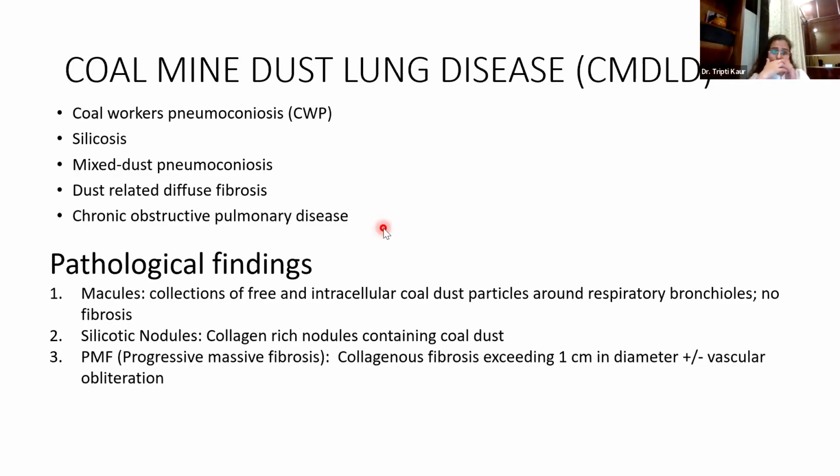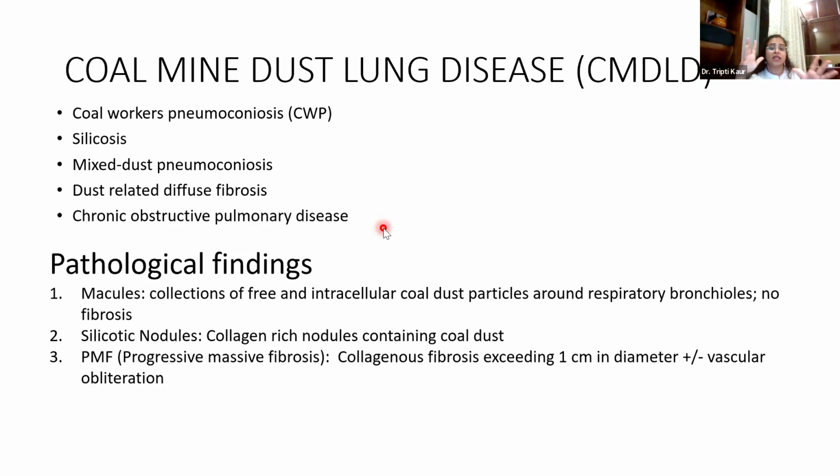So you need to know the pathological findings you will find in coal mine dust lung disease. Silicotic nodules you've just seen, they can be macules. Macules are nothing but intracellular coal dust particles around the respiratory bronchioles. And then you have this entity called progressive massive fibrosis, which we used to read in our undergraduate days.